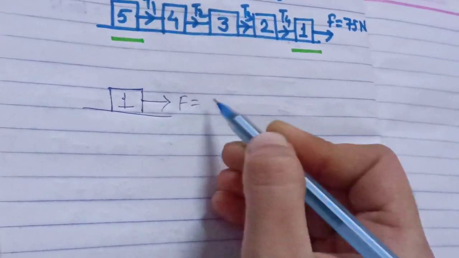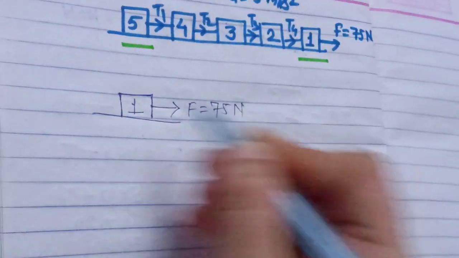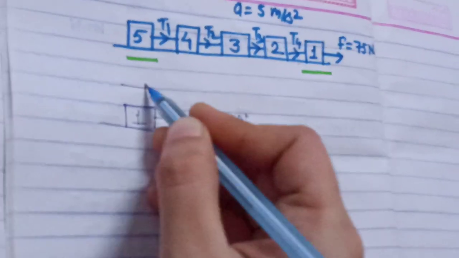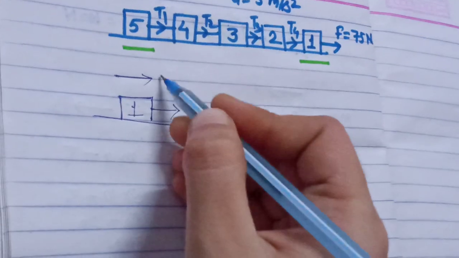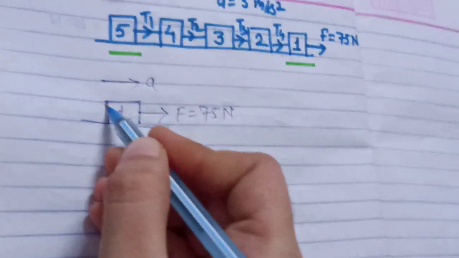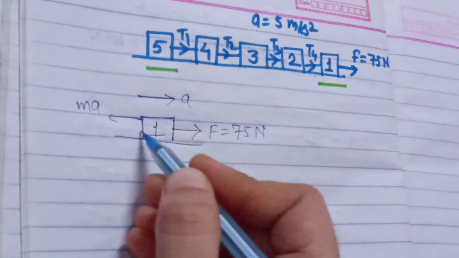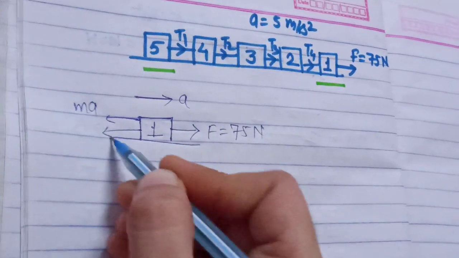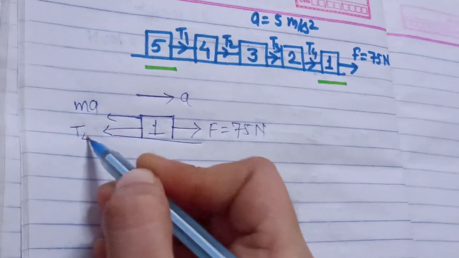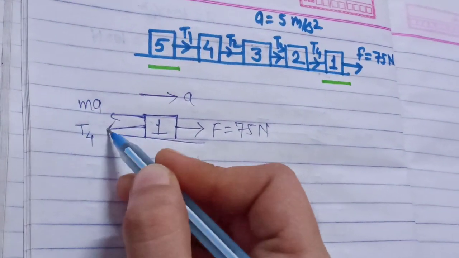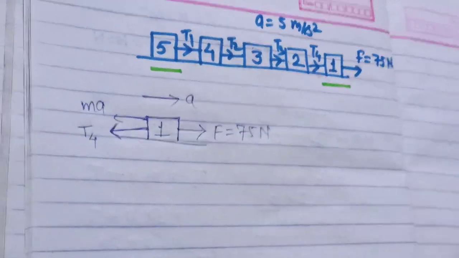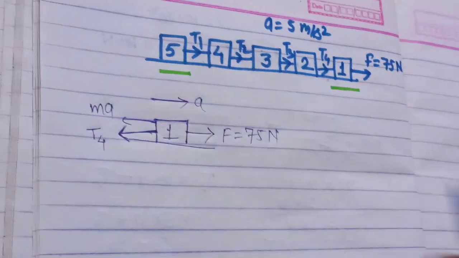F is equal to 75 Newton. Because acceleration is in this direction, the MA is in this direction, and the T4 is also in this direction. Tension is always away from the object.